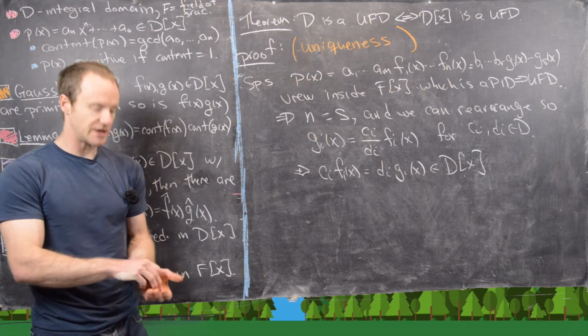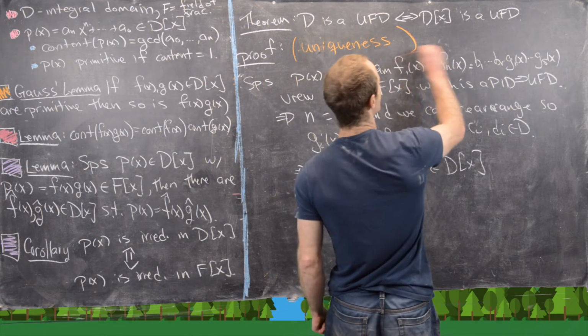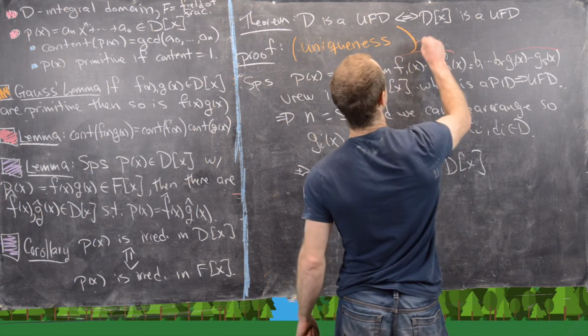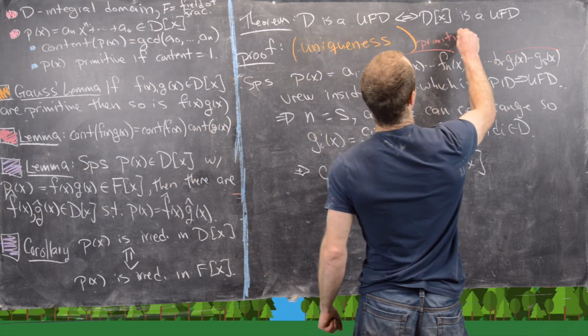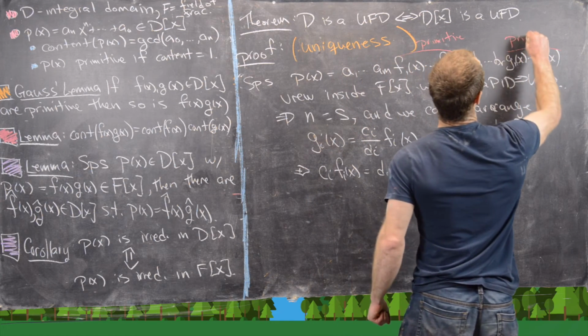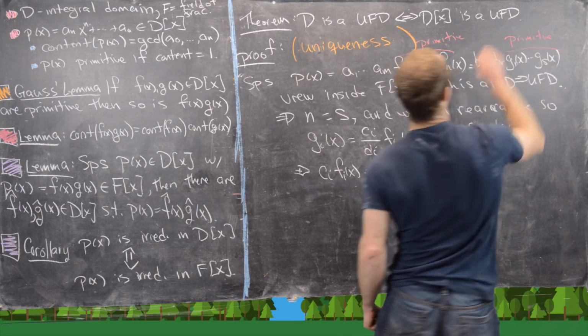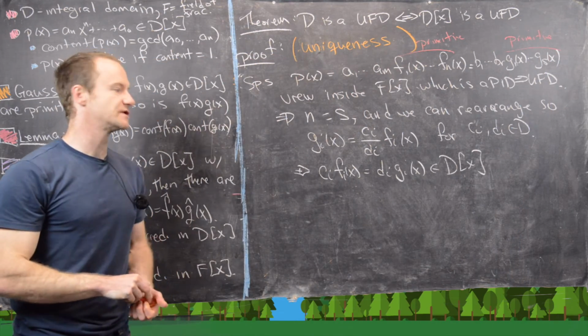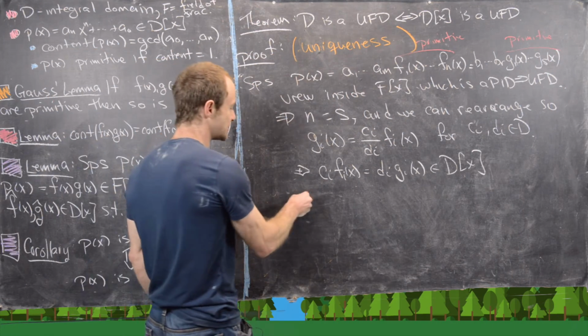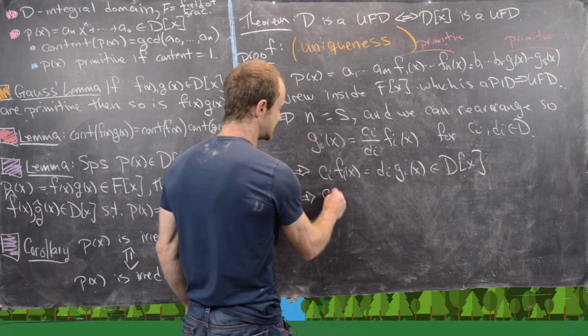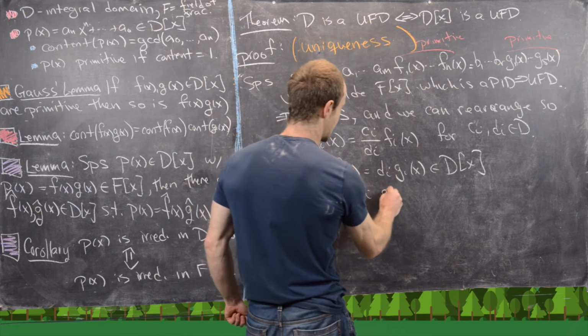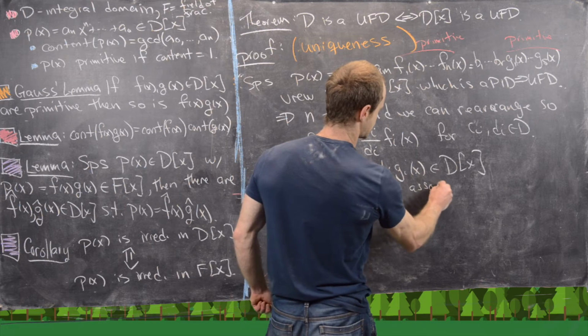Now the next thing that we're going to use is the fact that up here we can choose each of these to be primitive, and we can do that by the proof of the factorization part. So we've chosen these to be primitive, which tells us that c_i and d_i are associates.